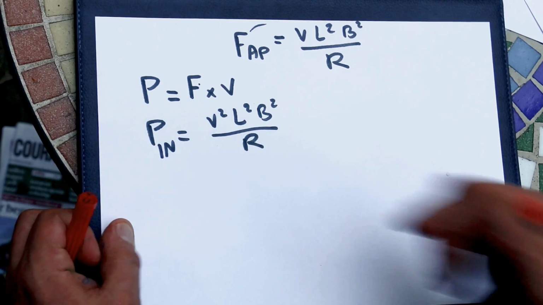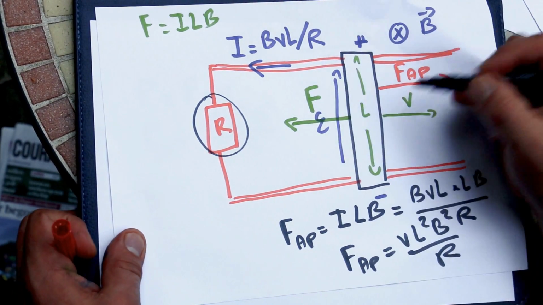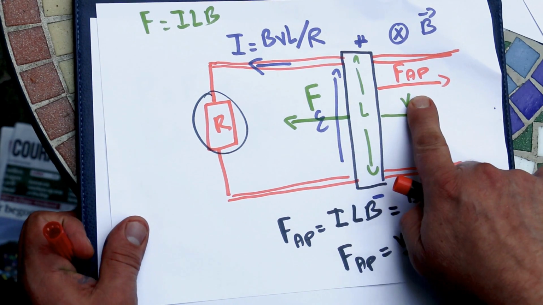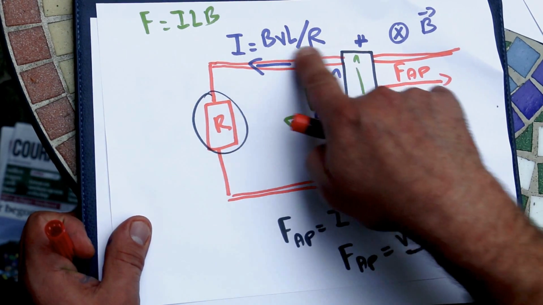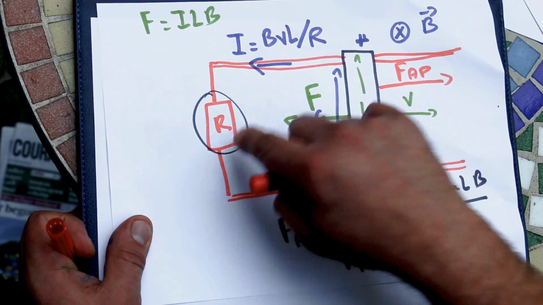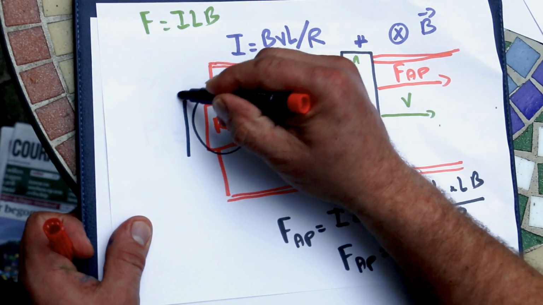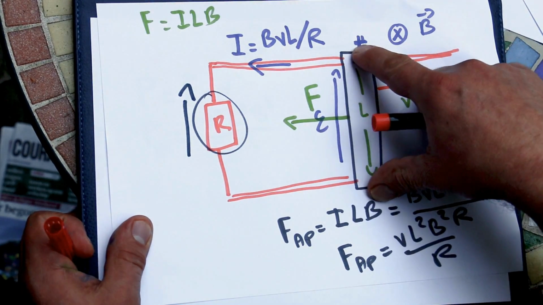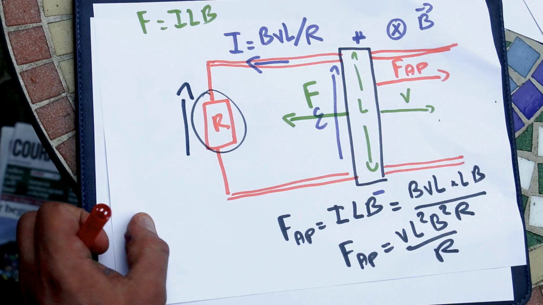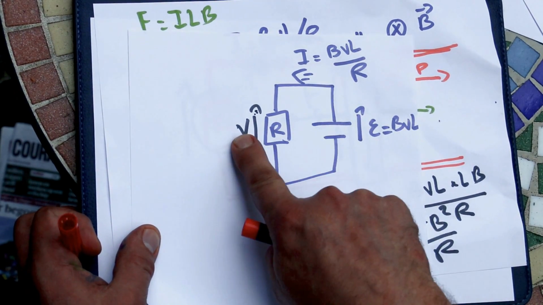Now, if I consider my circuit, power is given through the applied force, and the current is flowing, power will be dissipated in the resistor. What will be the potential drop in the resistor? Well, it's going to be the same as the potential difference due to the bar. So, if you are more familiar with a simple circuit, epsilon and V will be equal.